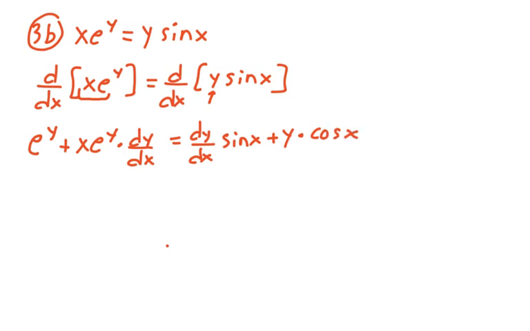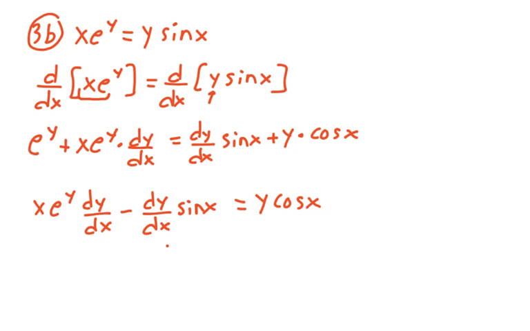Now, from here, I get x e to the y dy dx minus dy dx sine of x. That's the left side. On the right side, we get y cosine x minus e to the y. So, does that make sense?